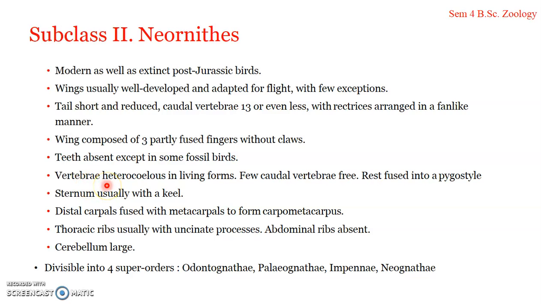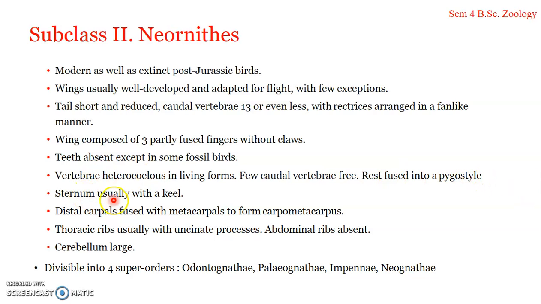Vertebrae, as we have already mentioned, are heterocoelous in living forms, while they were amphicoelous in Archaeornithes. Caudal vertebrae are few in number, and among them only a few are free, while the rest are fused to form a pygostyle.